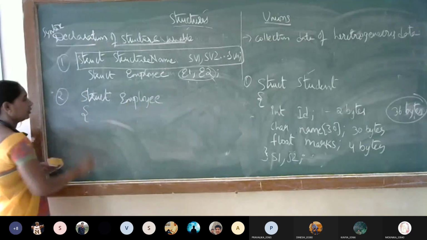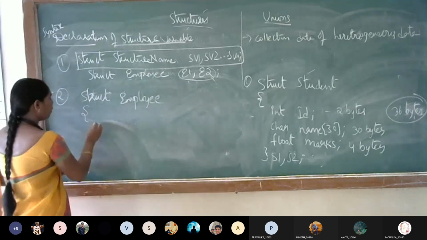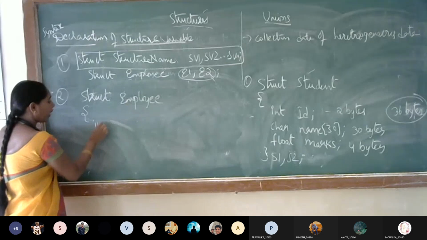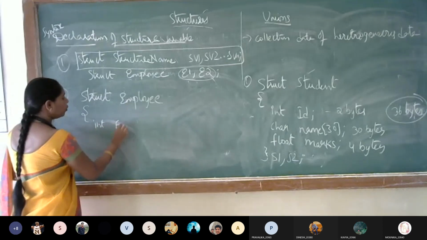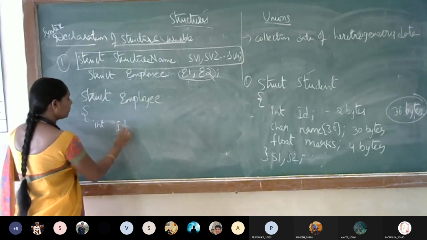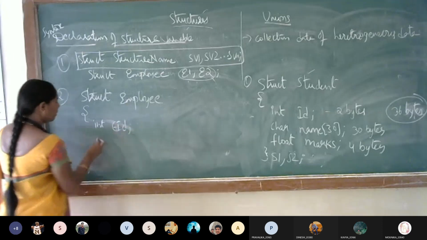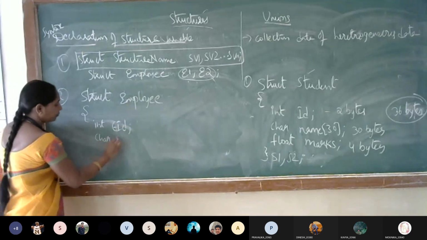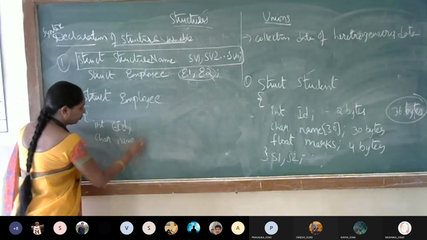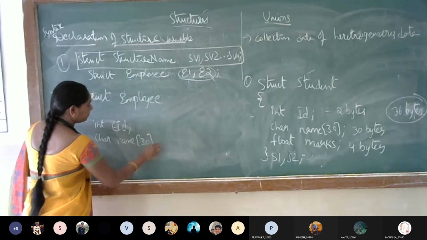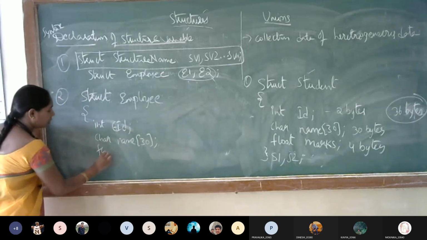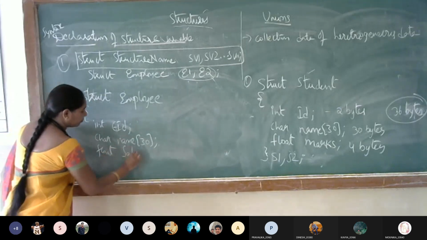Start. For each and every employee there will be an ID, so the ID is of type int. I'll specify that as EID. Then char name of size 30. Then float salary.